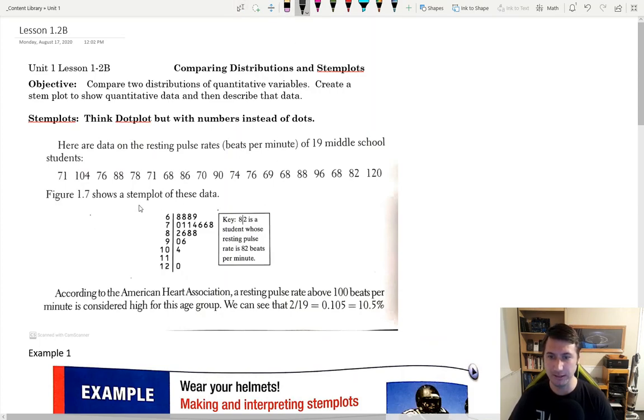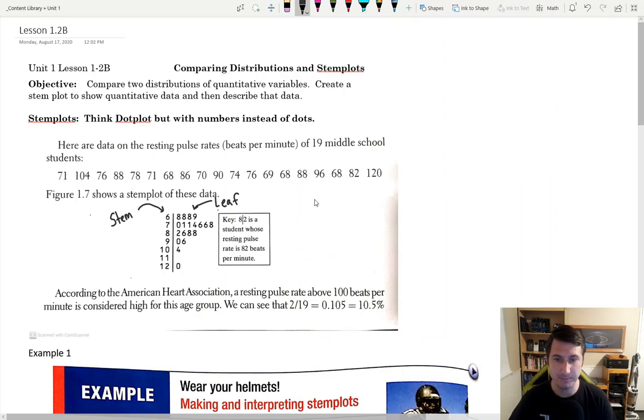So the left piece over here, this is the stem. And this part over here on the right is the leaf. You may have heard these called stem and leaf plots before, but commonly known as just stem plots. And to know what those numbers mean in this graph, you have to have this key. So 8 bar 2 is 82 beats per minute.